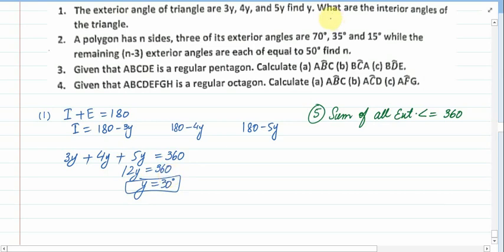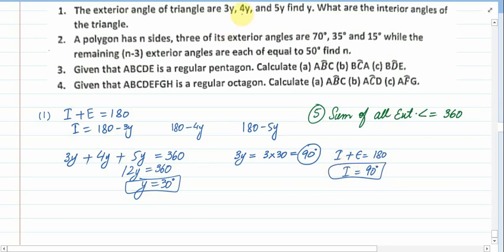After that, what are the interior angles of the triangle? If the exterior angle is 3y, that means 3 times 30 is equal to 90. If the exterior angle is 90, we know that interior plus exterior is equal to 180, so interior is equal to 90 as well, right?